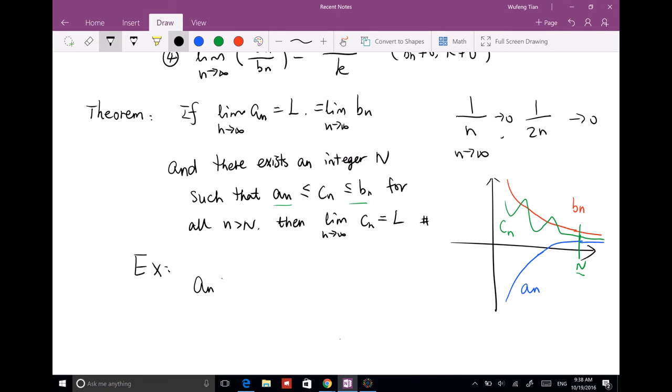So a_n equals 1 times 3 times 5 times up to (2n minus 1), over (2n) raised to the power n. The top is multiplying all the odd numbers.